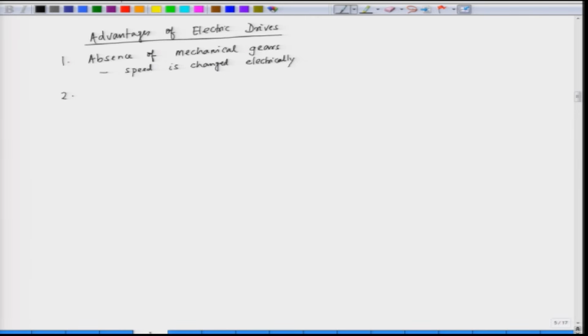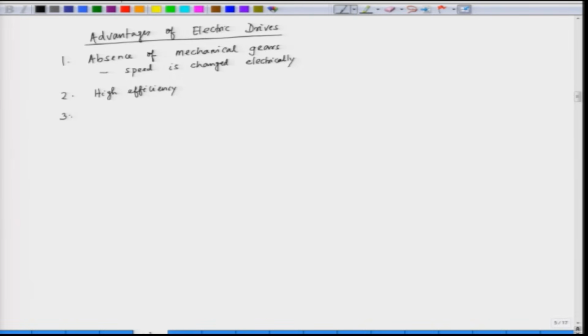For example, we have high efficiency. The power converters, the efficiency is very high. So, the overall efficiency of the drive is also very high. And then we have non-polluting.